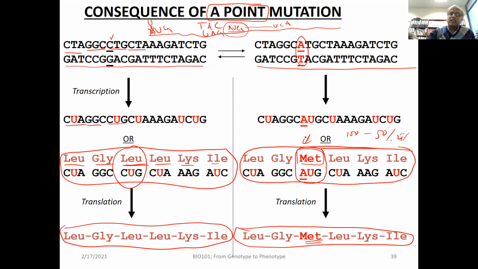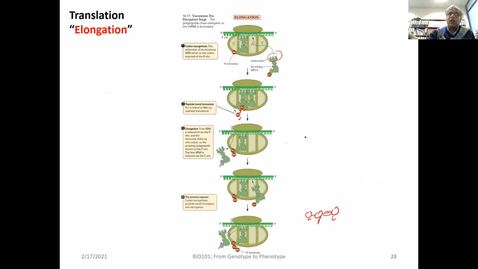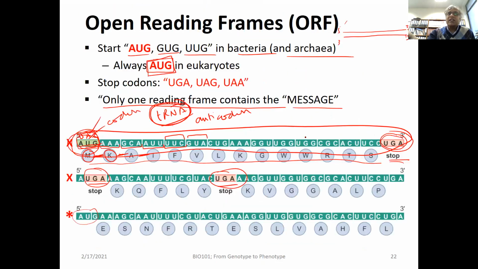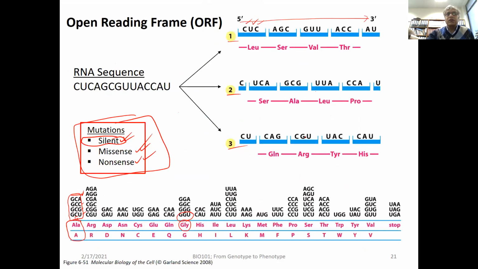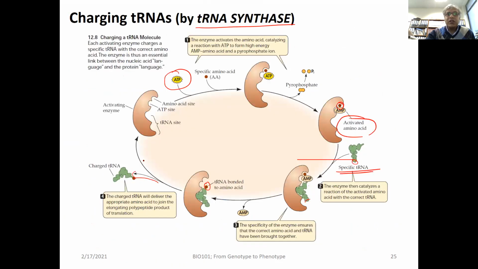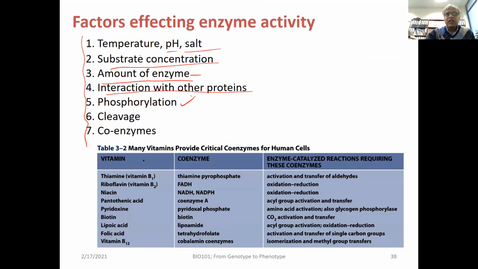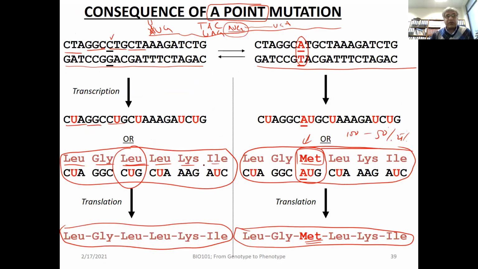And there is the last one, which we said nonsense mutation. Nonsense mutation means a premature stop codon. So the third one was nonsense. We were having an intact reading frame going like this, but all of a sudden we have UGA.